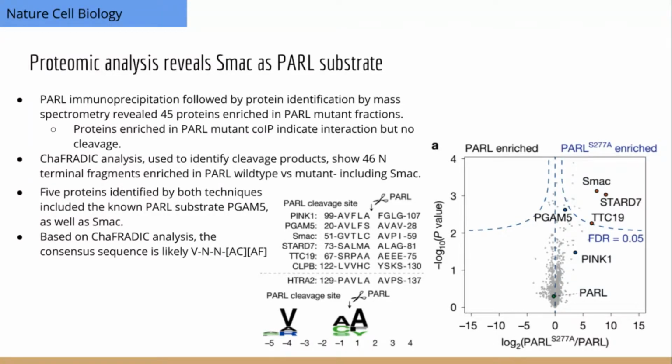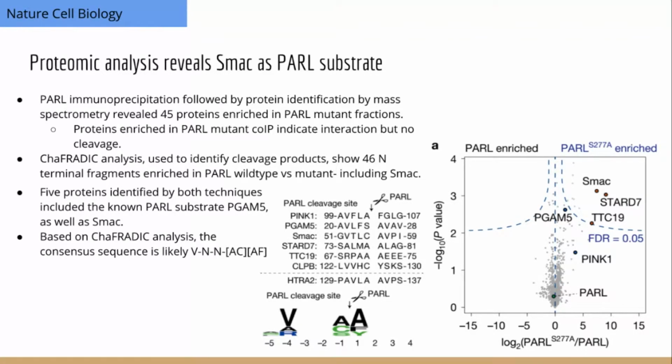So these 46 N-terminal fragments that were enriched indicate fragments that are normally cleaved by PARL, and when PARL was missing or mutated, they didn't show up in the CHAFRADIC analysis because they were still bound to their parent protein.